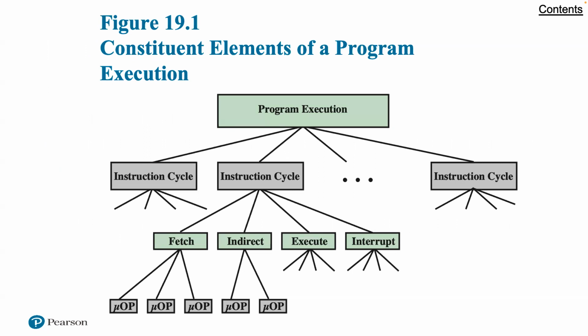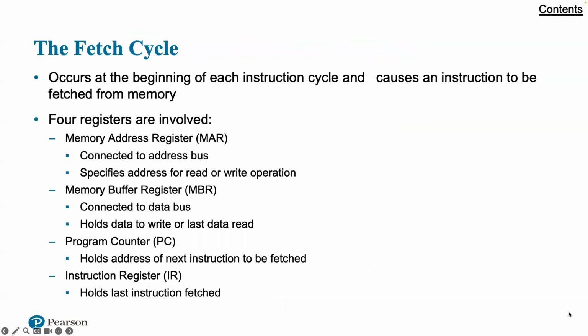The execution of each subcycle involves one or more shorter operations, that is, micro operations. And so this is where we're just trying to get an illustration down here. We're just seeing that there are multiple layers, and we're getting it down to the lowest level that we're going to be covering for what we're talking about for a central processing unit.